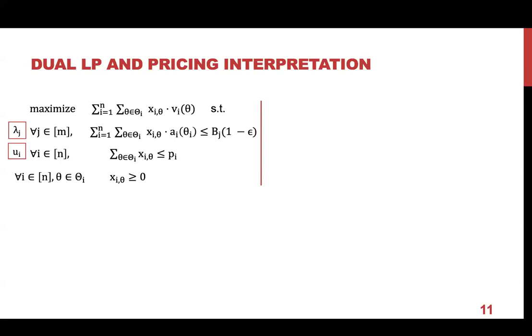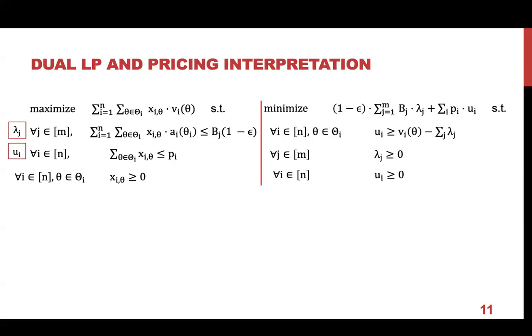The claim is you can still solve this LP as long as you're given the demand oracle that I had mentioned, where you can optimize this. The reason is that although in the primal LP you have exponentially many variables x_i theta, its dual LP will only have polynomially many variables. So all you need is a separation oracle for this dual LP.